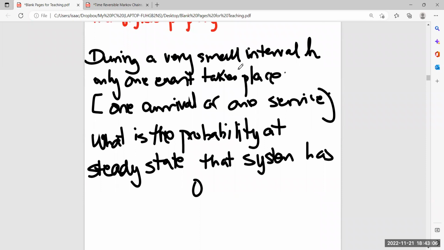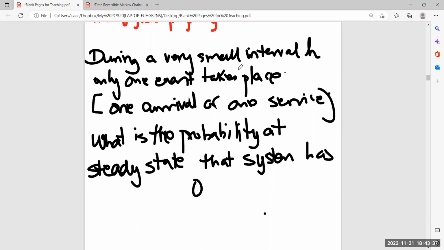Okay, so we are assuming that in any small interval, we just have one event. And that one event could either be an arrival or a departure, right? Service. So somebody will join the queue or somebody will leave the system. And the probability that we are at steady state in the system, think about it as having a stationary distribution, right?